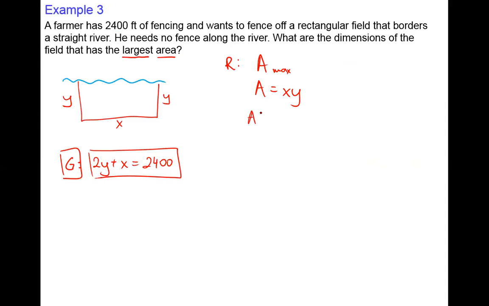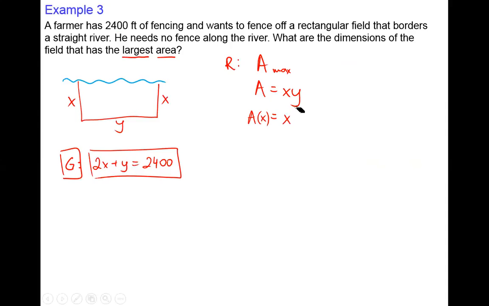But we really like to have the area just in terms of x. Actually, that was good, because I'm trying to keep the x and make it easier for you. Let's put 2x plus y.